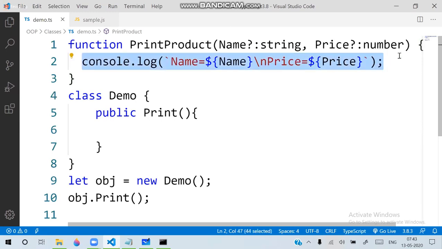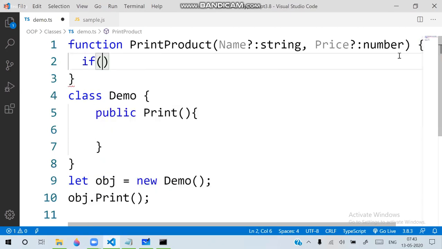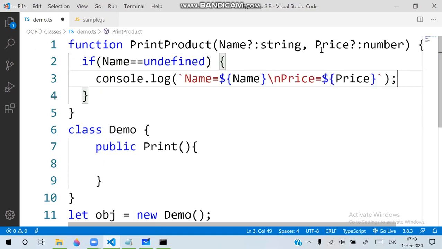So what is the logic here? If name is equal to undefined, then what should happen? It should print only price. The logic I wrote is this way.